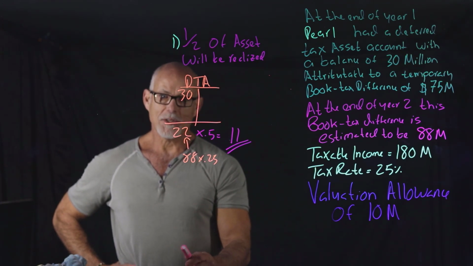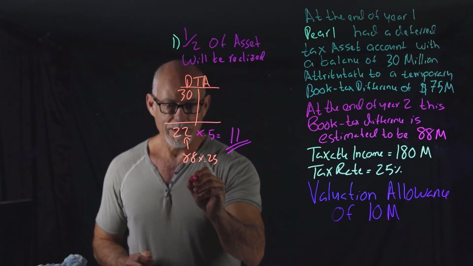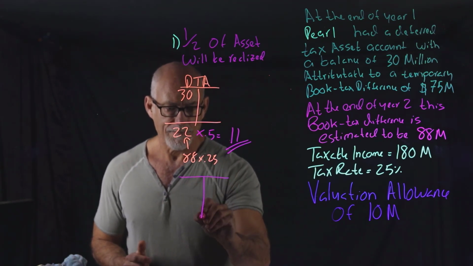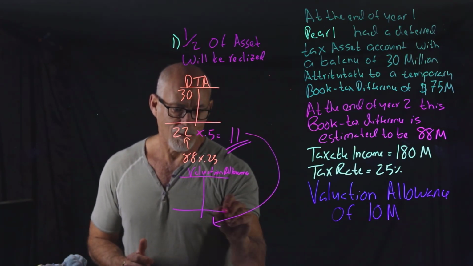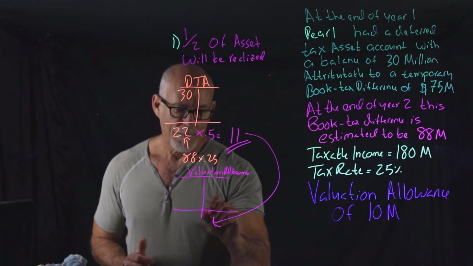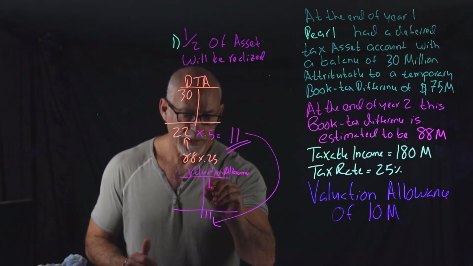And so this valuation allowance needs to be 11, and so when I go to the valuation allowance, the deferred tax asset is going to equal 22, the allowance needs to equal 11. And that's going to be credit side. And where the balance is now is at 10.